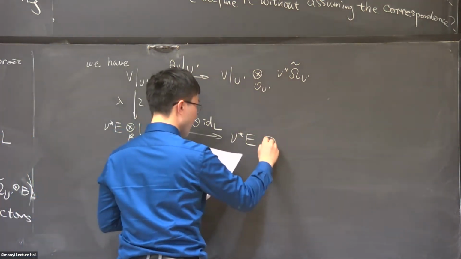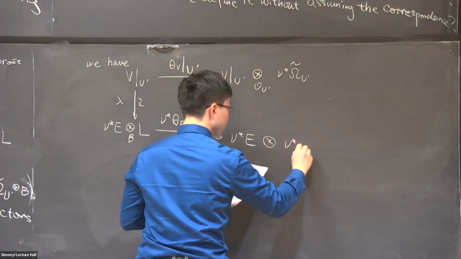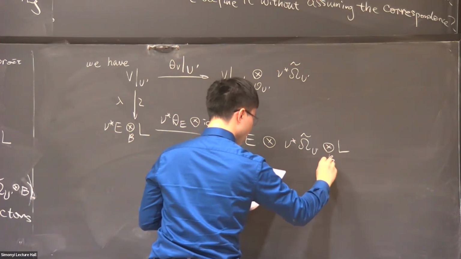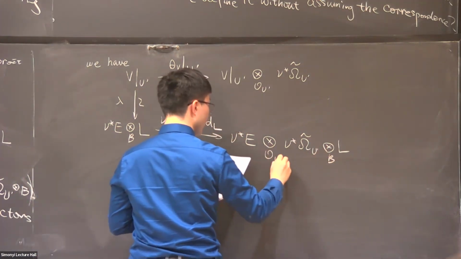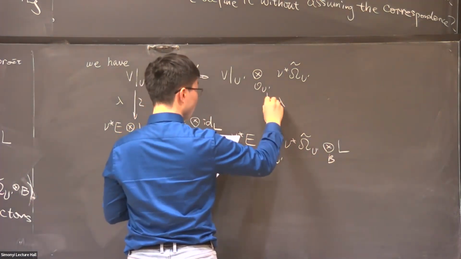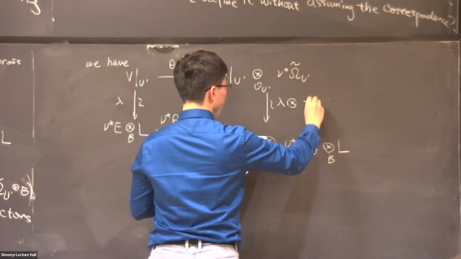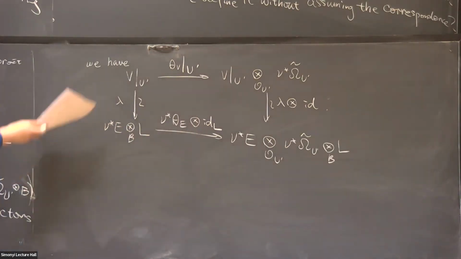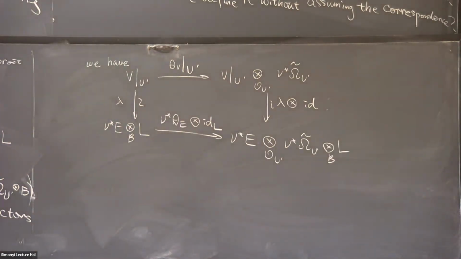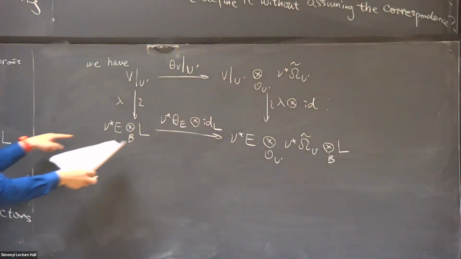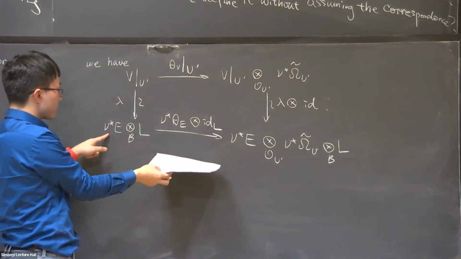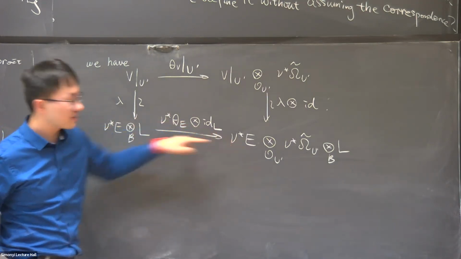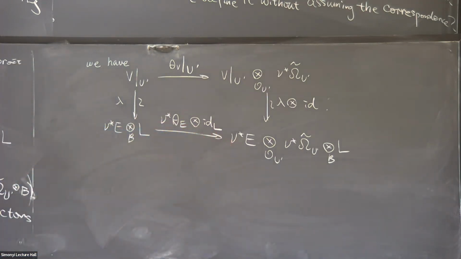So namely, when you twist this canonical Higgs field by lambda, it will give such an interpretation by just sending the Higgs field on E to that. Okay. Is it clear?